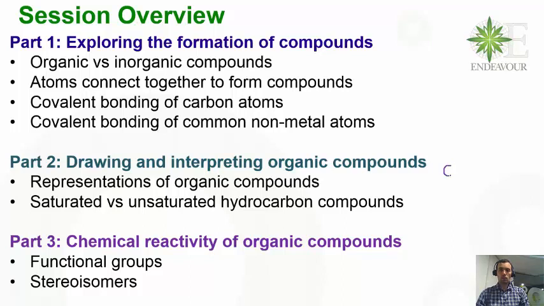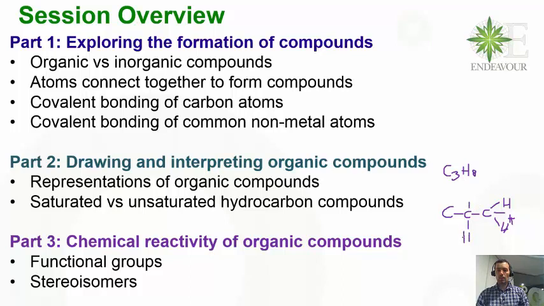For example, C3H8 can be represented in a form where we completely draw out every single atom with the carbons connected and then the hydrogens as well. I'll show you some ways to work out where the atoms are actually going to be placed within these compounds.